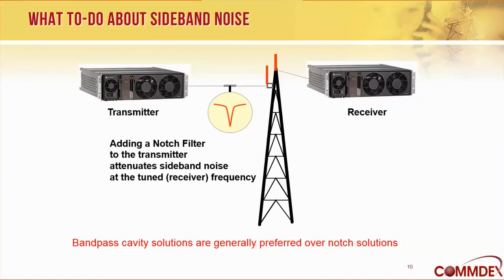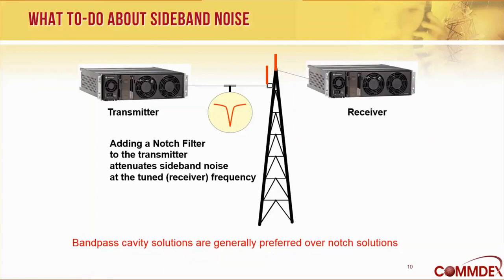So another thing you can do, if that's not an option, is to add a notch on the transmitter. Actually, you tune it to the receiver frequency, so it will keep signals out, it will notch out signals on the receive frequency.